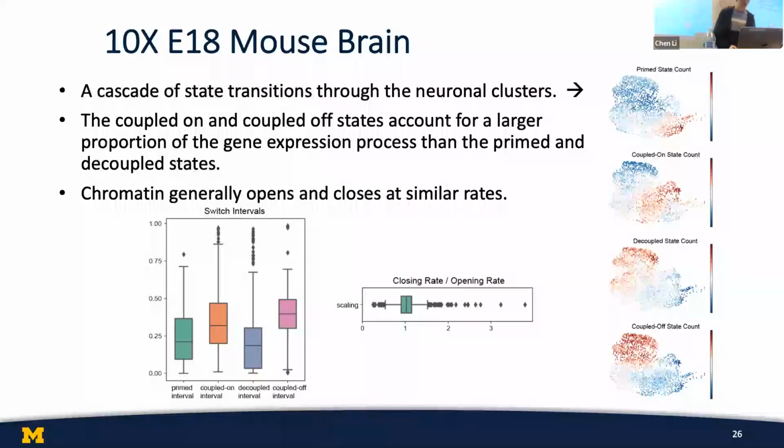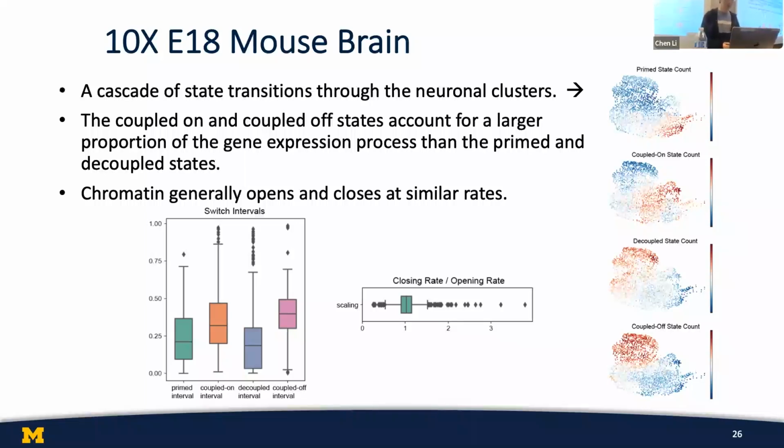In this data set, we observe a clear cascade of state transitions of 4 states along the neuronal clusters. If we summarize all the genes under the cell states, we can also plot the predicted state intervals for each gene.